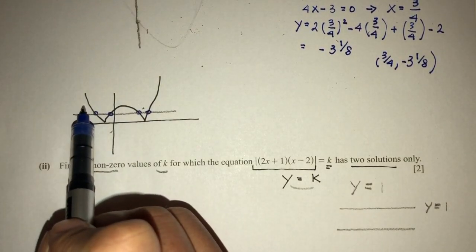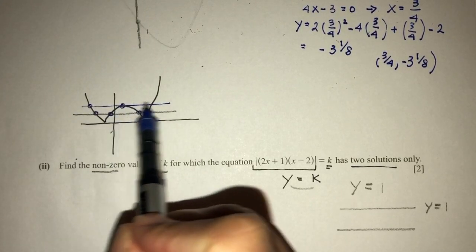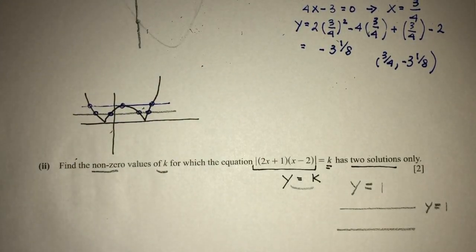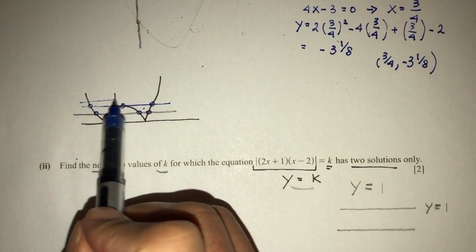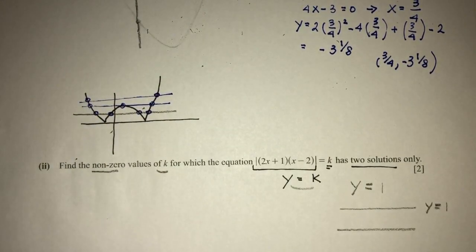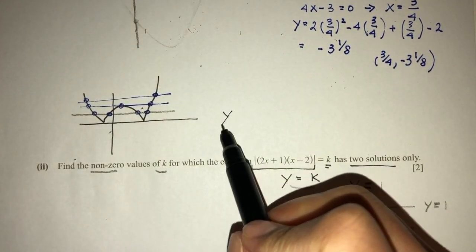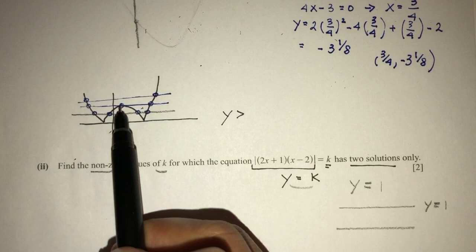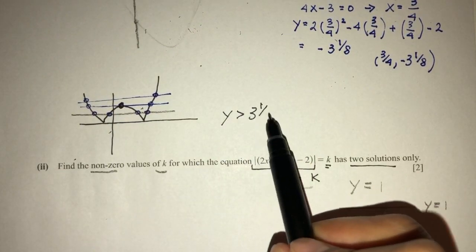What if I draw my line here? It will be 1, 2, and 3, which is still not good. We have 3 points of intersection, so our line should be above this maximum point. So when you draw this, you have only 2 points of intersection, which means only 2 solutions. So basically y has to be more than this maximum point, which is more than 3/1/8.